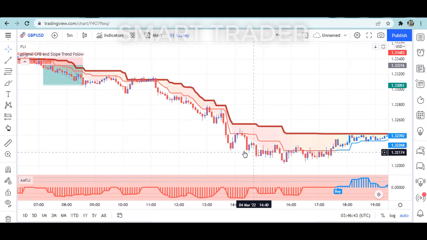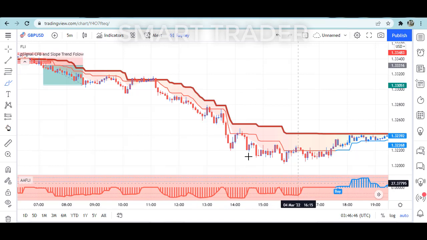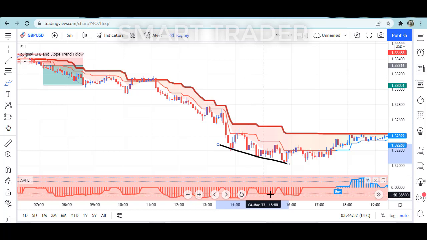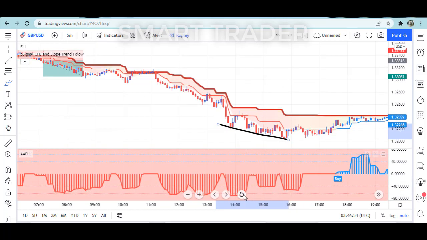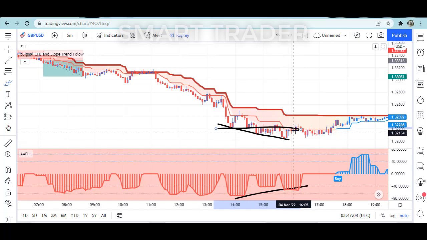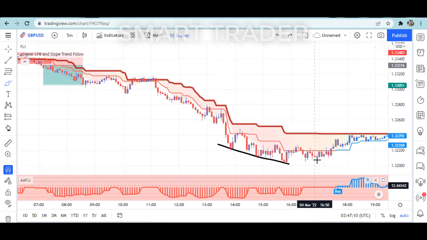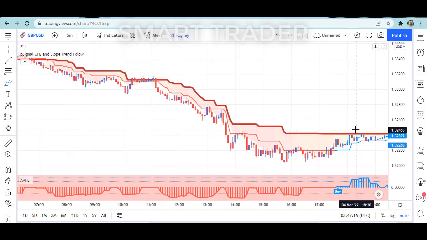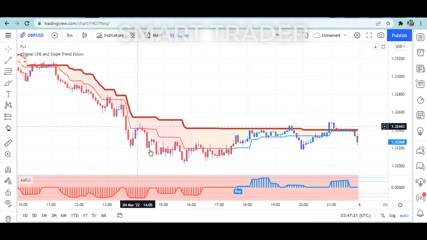Now remember, when you see the price make a lower low but the indicator fails to make a lower low like this, so do not sell when the price breaks out of the trading range here, because the price will reverse or continue sideways for a long time, as you can see here.